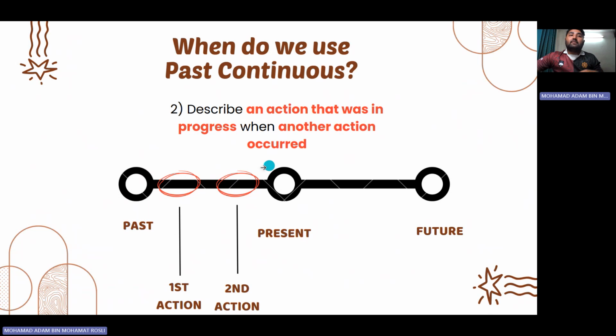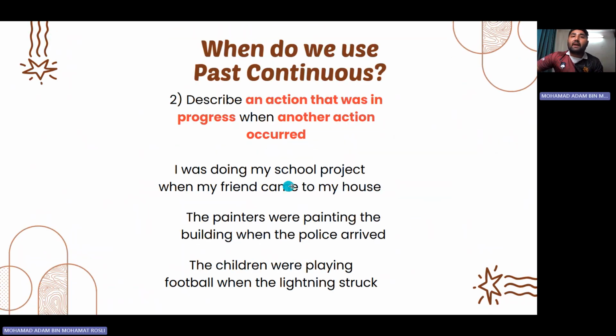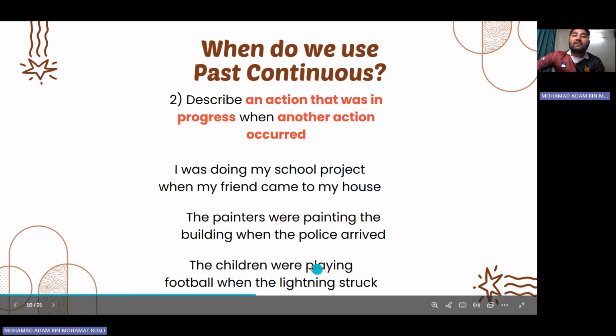It is to describe the first action that happened when suddenly another action takes place. Okay. For example, I was doing my school project when my friend came to my house. The painters were painting the building when the police arrived. The children were playing football when the lightning struck.